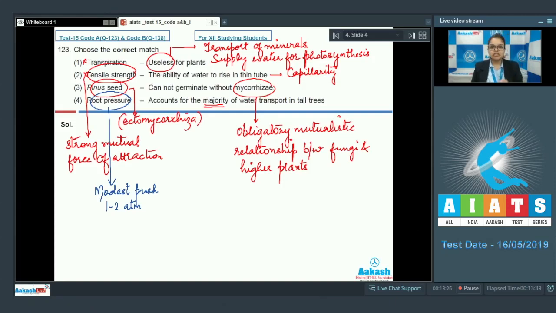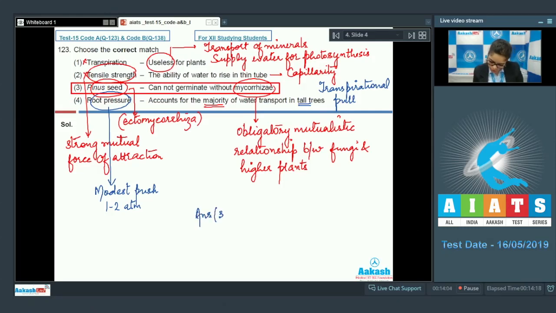So yes, root pressure is useful in the case of herbaceous plants. But if I talk about the water transport in tall trees, then can I say transpirational pull will be more beneficial, because it can allow the transport of water up to a long distance, up to the tall height. So for this reason, option 4 is wrong. For question number 123, the correct option will be the third one. Question number 123, answer is option 3.